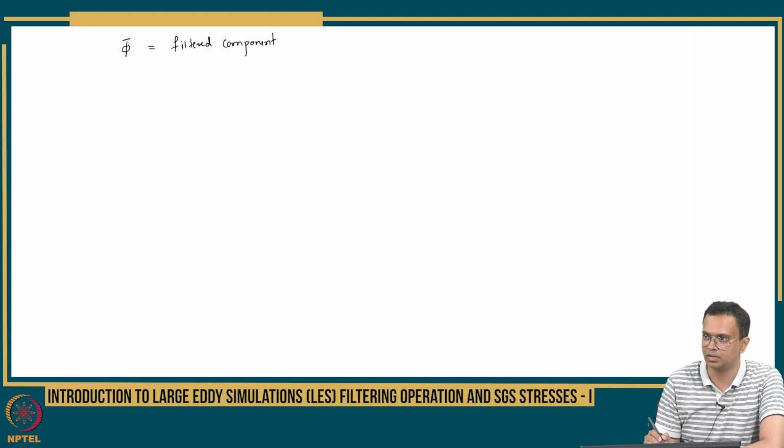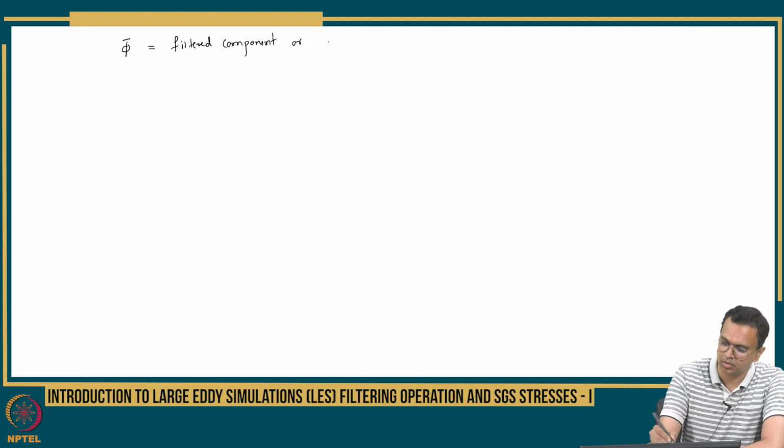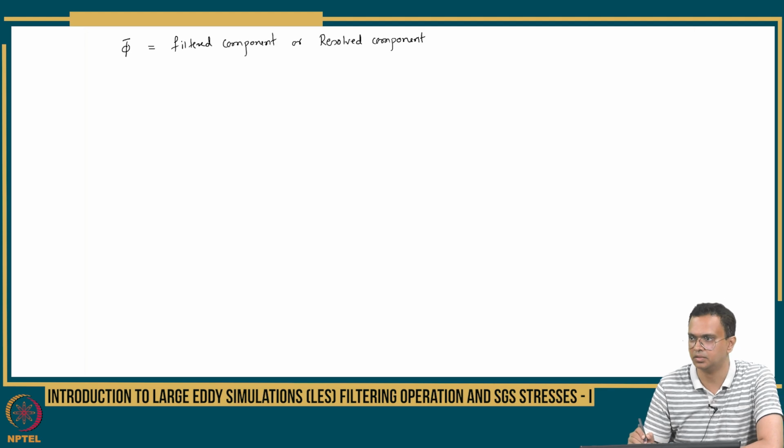Now I have this phi bar component. This is usually called the filtered component, sometimes also referred to as the resolved component. Even though these two have different meanings, people use them interchangeably.